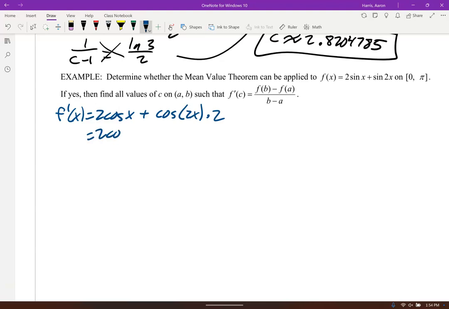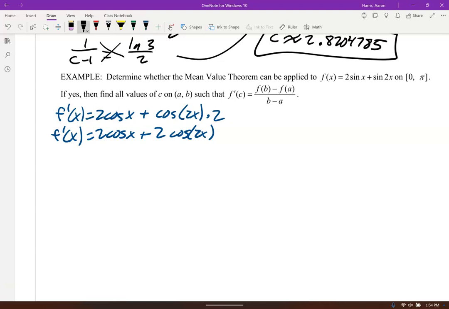So we got 2 cosine x plus 2 cosine 2x, and that's our derivative, which will also be continuous and smooth, since cosine x and cosine 2x are continuous. So we're not going to have any issues as far as differentiability is concerned. So the mean value theorem does apply.